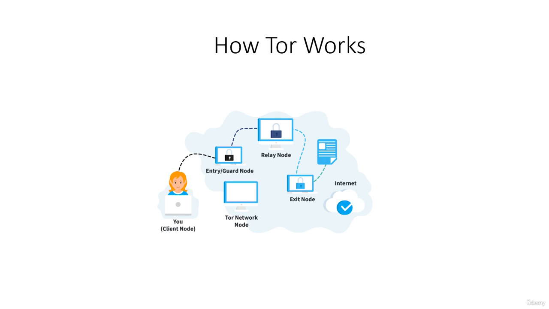The traffic is heavily encrypted, then decoded one layer at a time as it goes through the different nodes. This means that whoever is trying to identify you based on your online traffic will just stumble on the last server your data traffic passed through, which is the exit node.